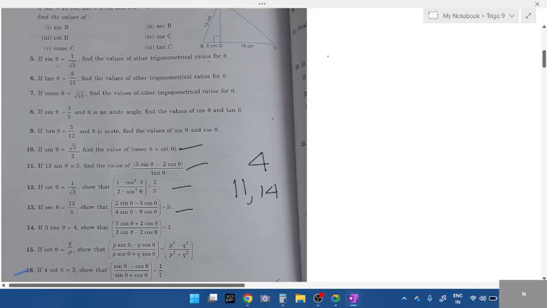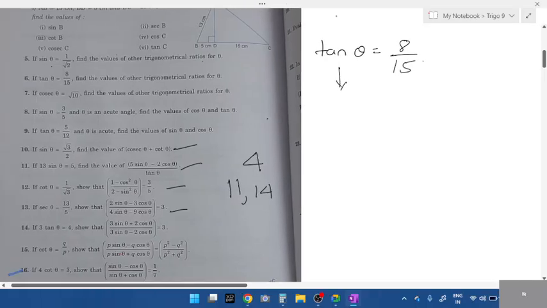Sine is done. What is tan? Sixth question. What is tan there? Formula. First, what did I tell you? Sixth question. Perpendicular by base. What is perpendicular? 8.